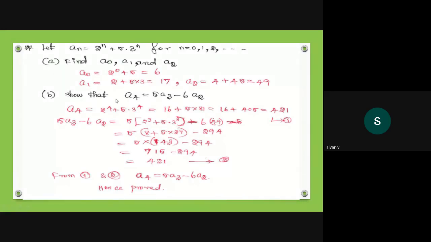And show that a4 equals 5 a3 minus 6 a2. So this is the relation: a4 equals 5a3 minus 6a2.